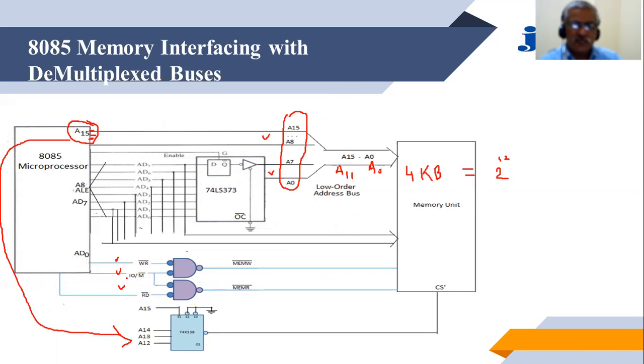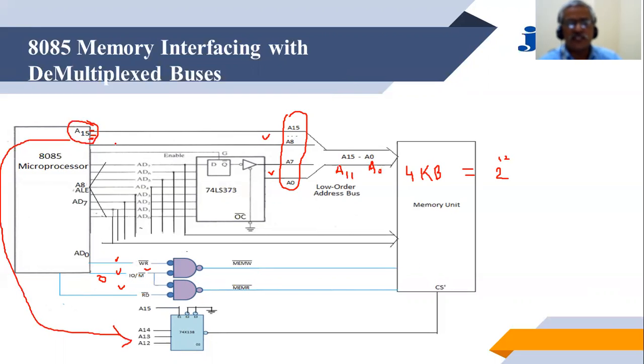Thus, when the processor makes IO/M bar low, the memory related operation will be selected, and depending on whether the write bar or the read bar is low, either a memory read or a memory write operation will be performed.